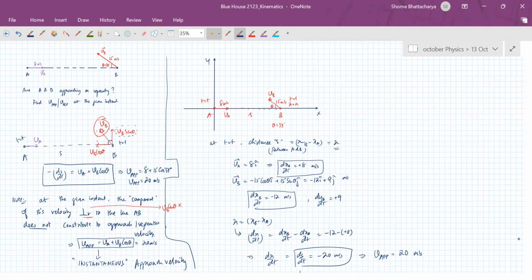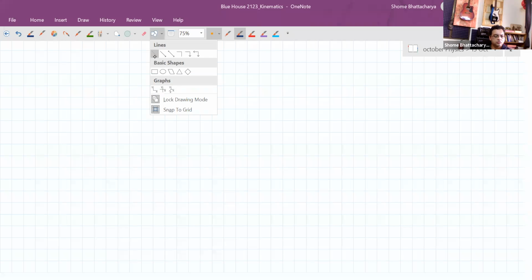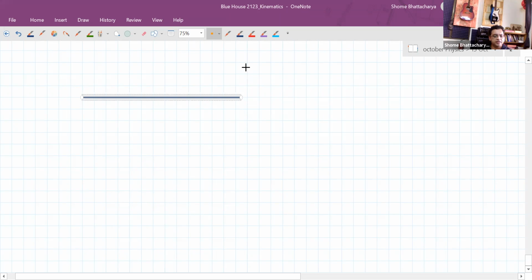Sir, how will we know whether it's approaching or separating in this case? So now we'll discuss that also. How to tell whether it is approaching or separating. Now, suppose we have a situation which is a little bit more general. Now we have a situation like this, that this is the line joining AB at this moment. And both of them are having kind of random sort of velocities. Let's say this is having a velocity of 10 meters per second at an angle of 60 degrees.